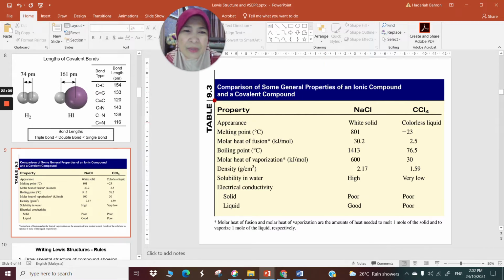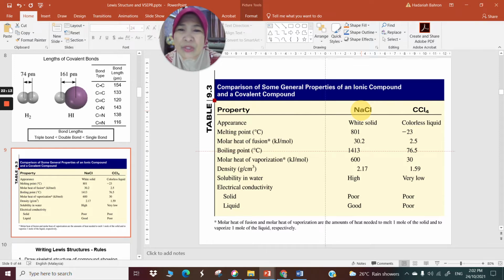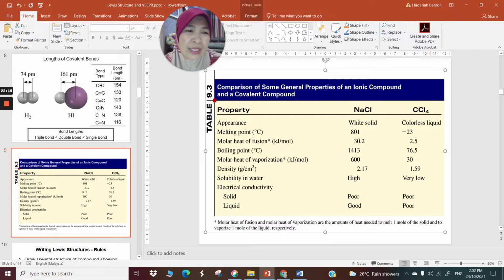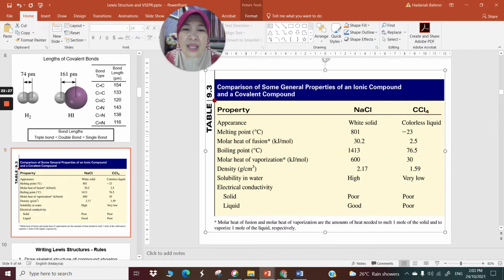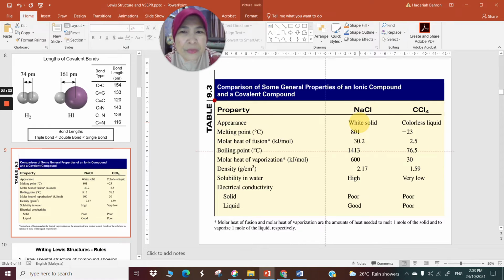Now, in terms of appearance, when we compare an example of ionic compound, sodium chloride, with CCl4, tetrachloromethane, in room temperature, in room ambient condition, sodium chloride is a white solid.